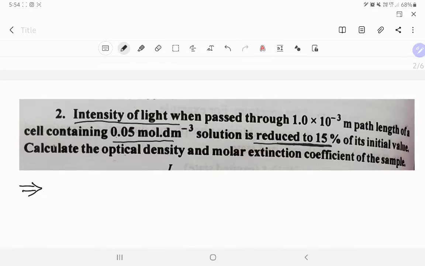Read this. Yes, reduced to 15%. 100% light is bombarded, it is reduced to 15%. Means transmitted light is given of its initial value. Calculate the optical density and molar extinction coefficient of the sample.